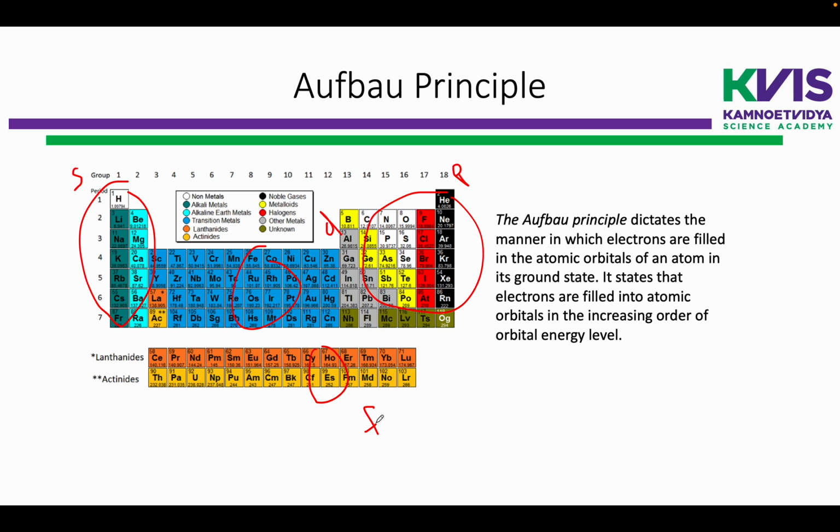So how do we fill up these orbitals? Aufbau states that the electrons are filled in the atomic orbitals from the ground state, meaning you fill the electrons from a low energy level to a high energy level, right? For example, if n is equal to 1, then we have the 1s orbital. If n is equal to 2, then we have the 2s orbital and the 2p orbital.